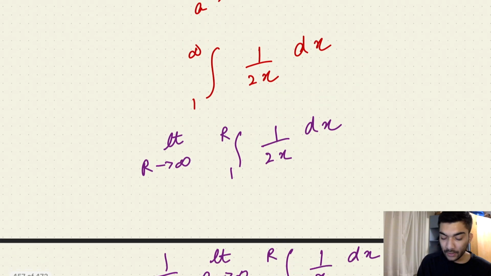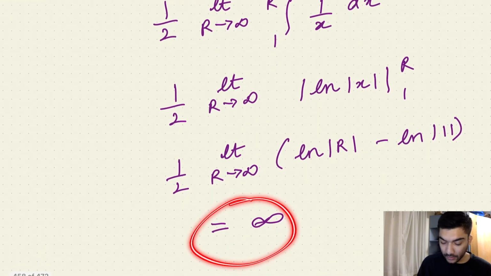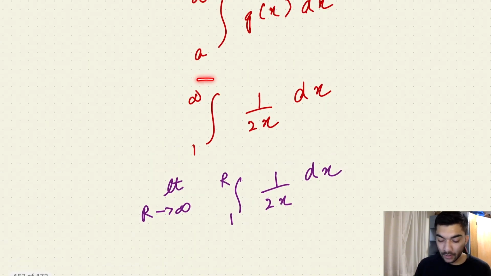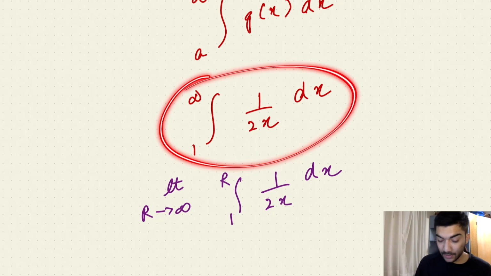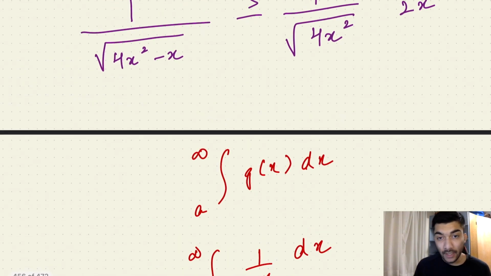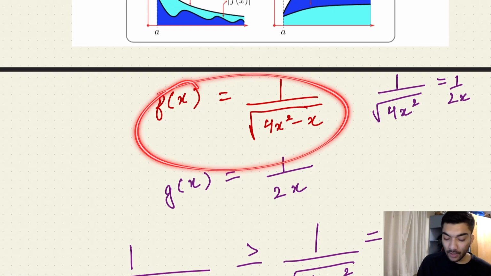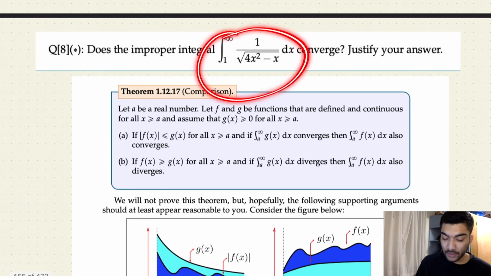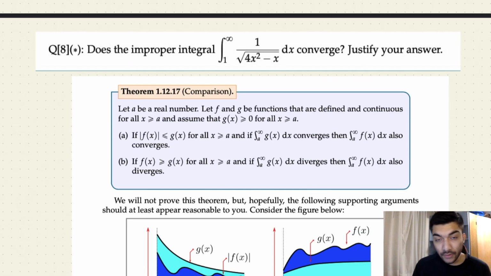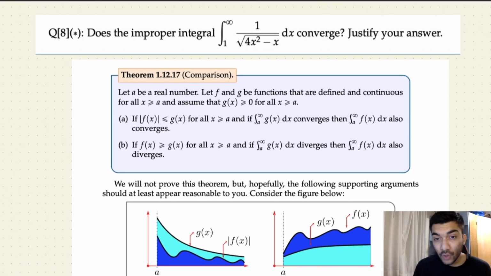Since we proved that this definite integral does not have a real solution, we know that our g of x dx integral diverges. And since g of x dx integral diverges, based on the comparison test, our f of x dx integral, which is this original integral, also diverges. And that is what we proved only by using the comparison test.